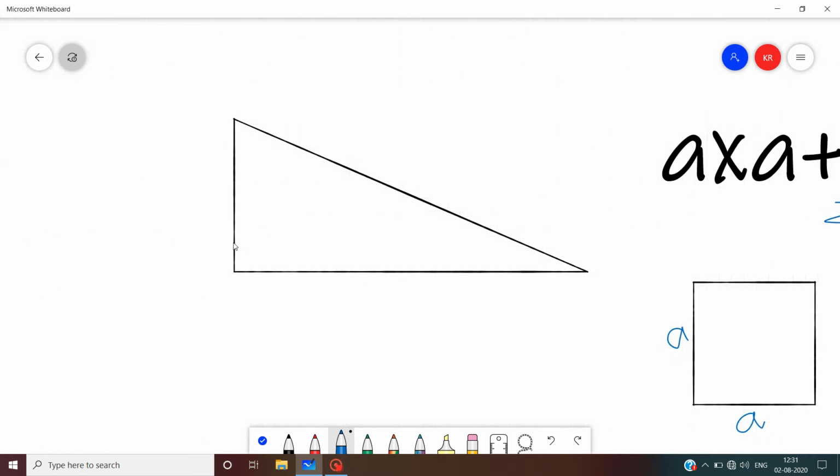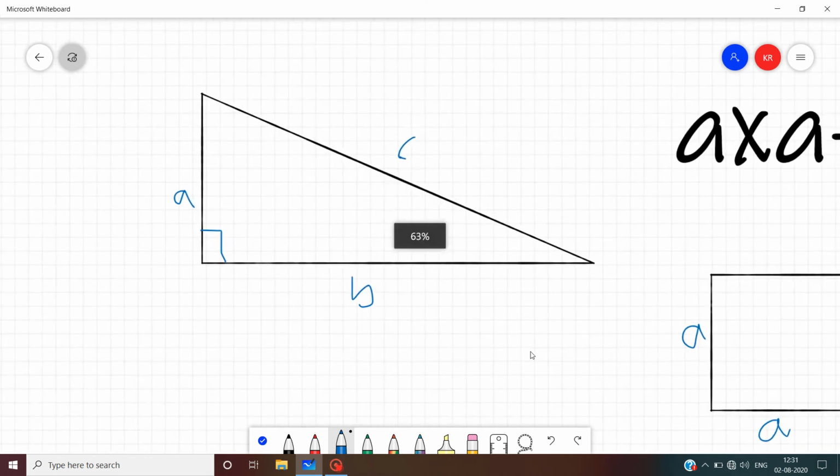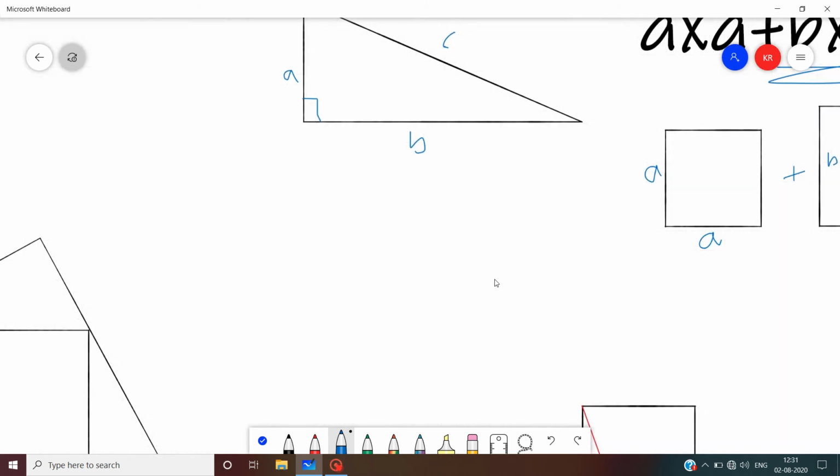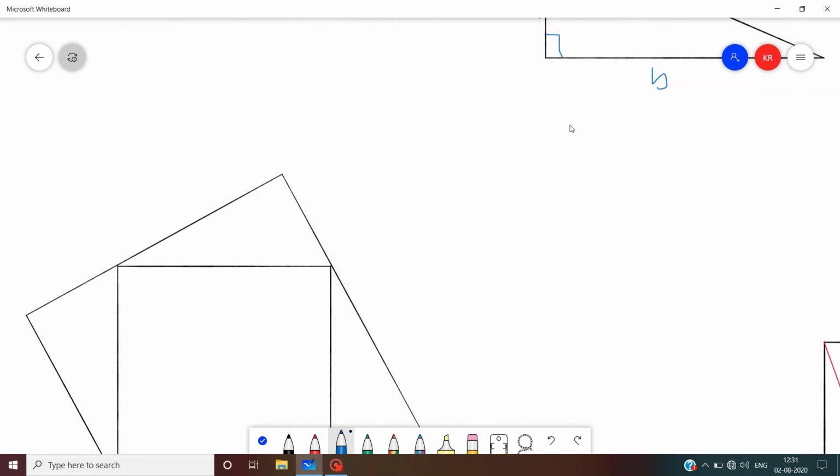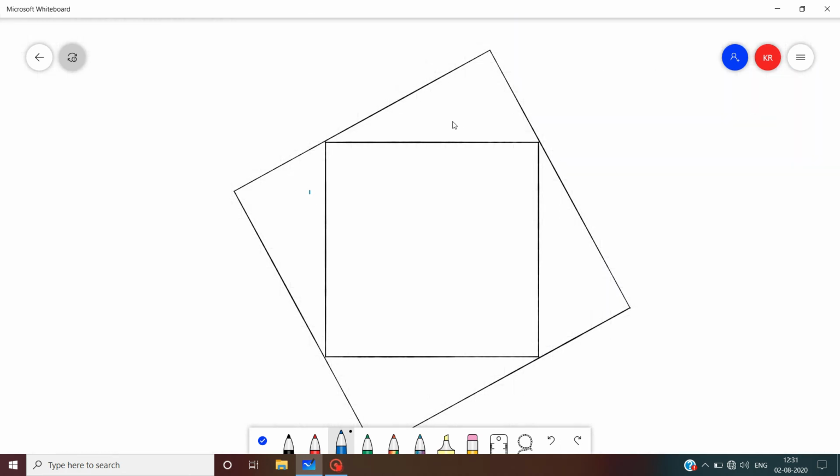So initially I am assuming a right angle triangle with side lengths a, b and c. I'm taking four similar triangles, 1, 2, 3 and 4. Let these solid parts be arranged to form a square with side length a plus b.